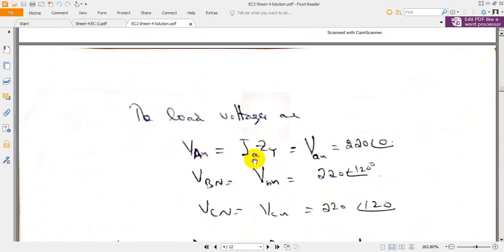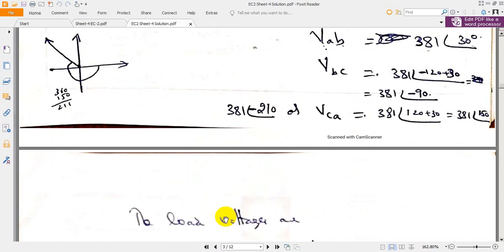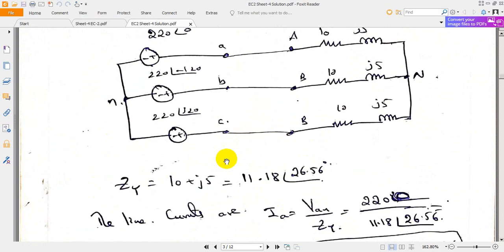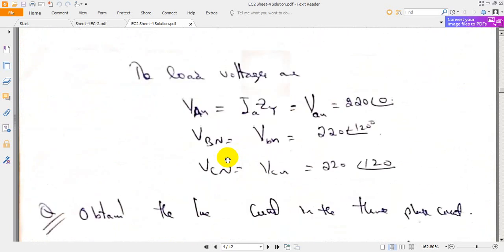The load voltage VAN is equal to VAN, VBN is equal to VBN, VCN is equal to VCN. Capital A, capital B, capital C represent the load values. Small a, small b, small c represent the supply parameters. Hence VAN, VBN, VCN are the load voltages, equal to the supply phase values.